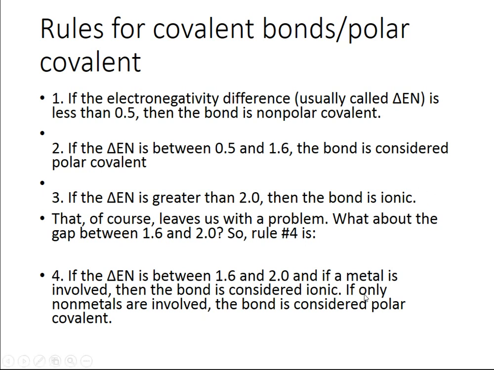However, if only nonmetals are involved, the bond is considered polar covalent. So those are the two issues that you look at. Do we have a metal in there and a nonmetal? We say, okay, 1.6 to 2.0 change in electronegativity will mean an ionic bond. If we have only nonmetals, then we have a polar covalent bond.